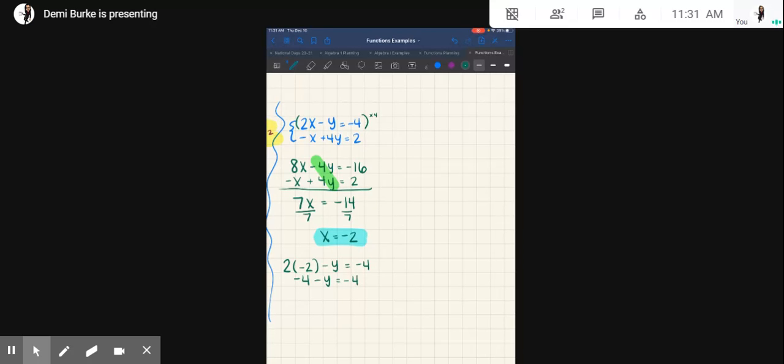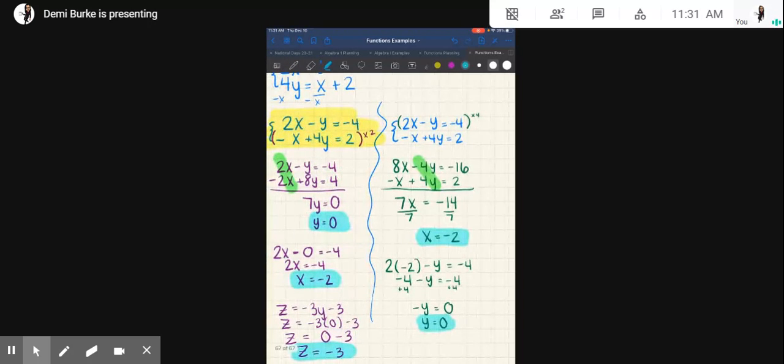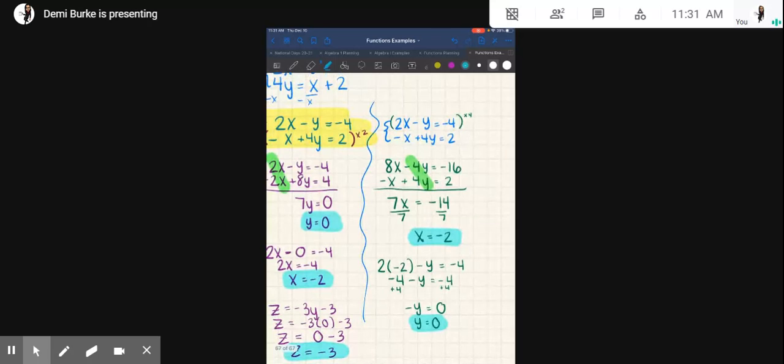I want to move the 4 to the other side by doing the inverse, by adding. We get that negative y equals 0, which means that positive y equals 0. That's good. We can keep comparing to the other side. We're seeing that things are coming out the same way, which we like.